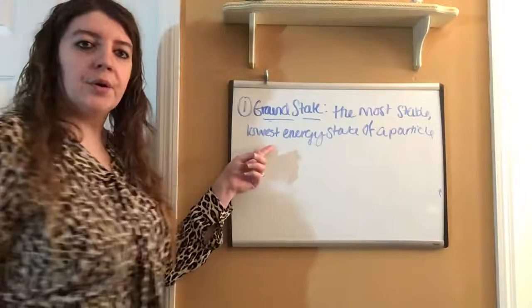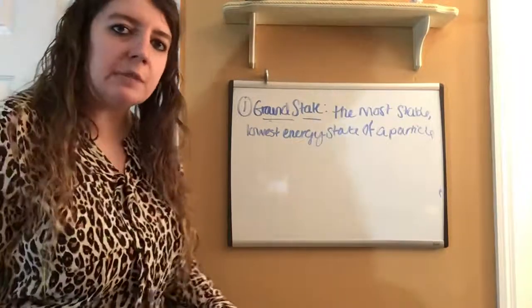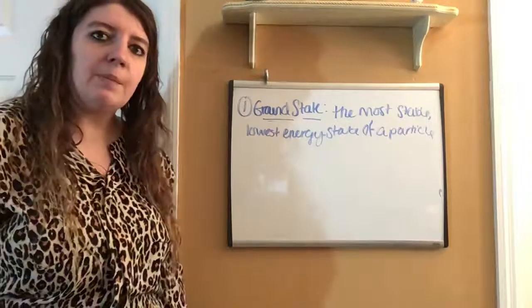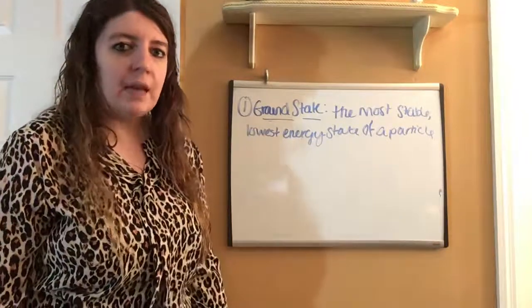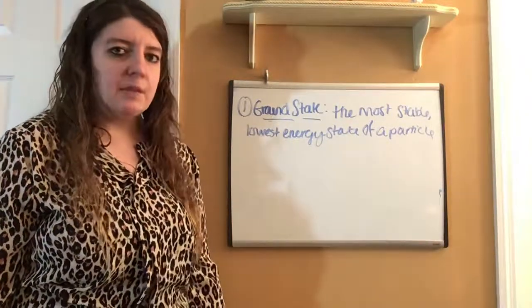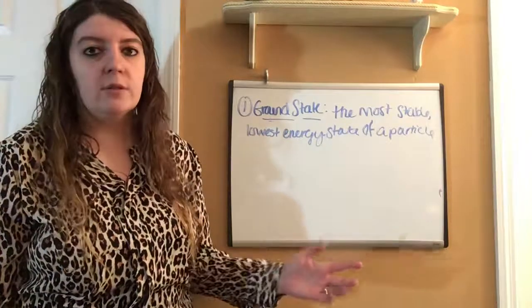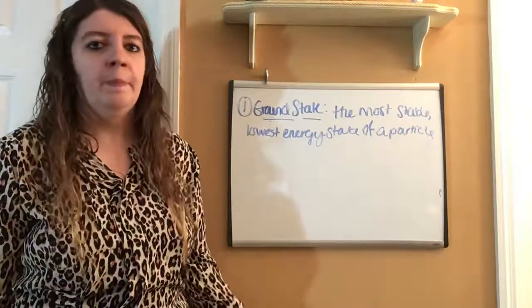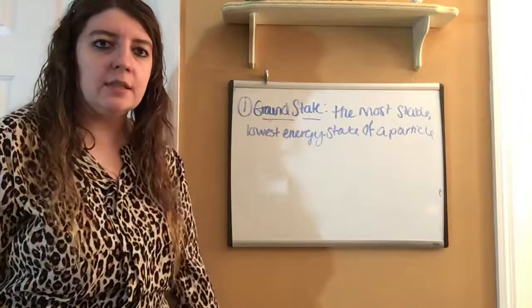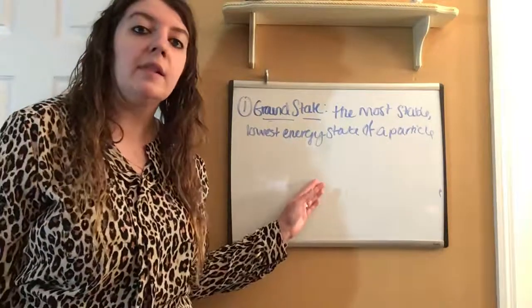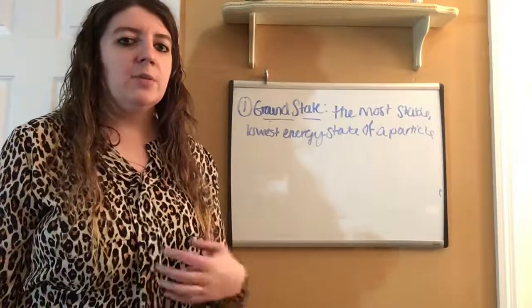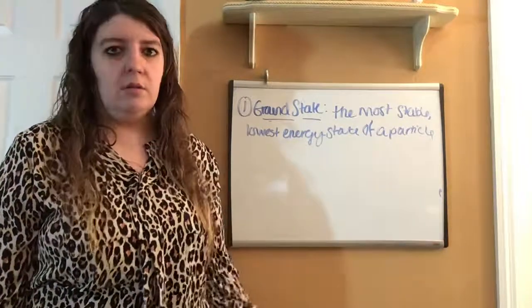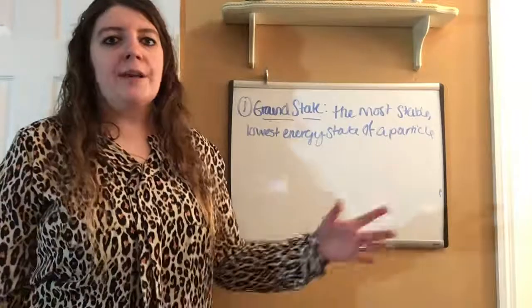Okay? Remember, think about grounding when it comes to your typical outlet, right? You have to have a ground on your outlet, so that if something happens where you get shocked, it automatically cuts off. That's what this kind of thing is. It's a similar idea. We have a ground state for our electrons, and that's where they're stable. They don't want to move. They're not energized. They're not crazy. Okay.